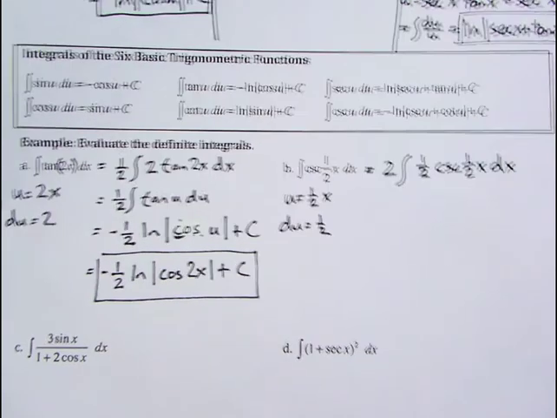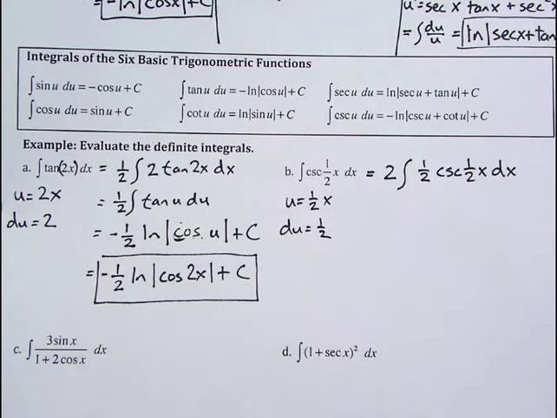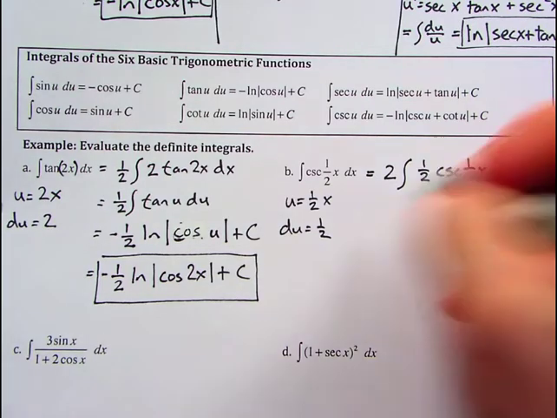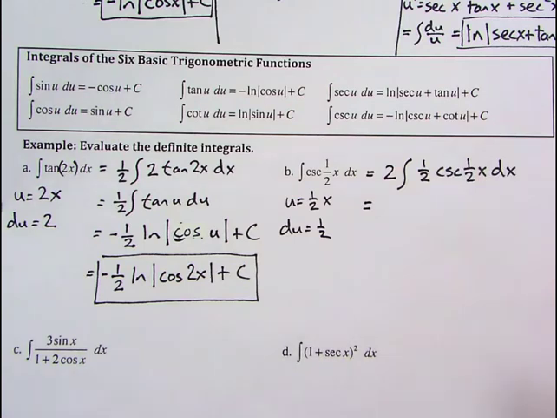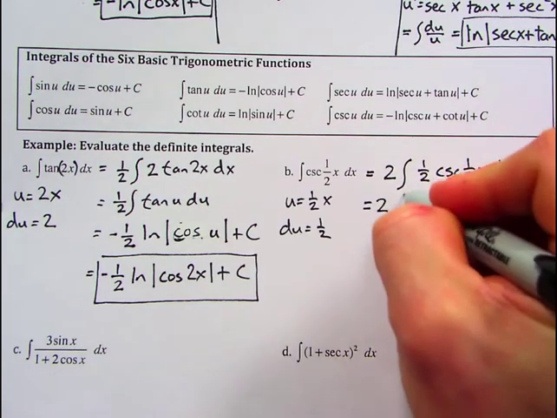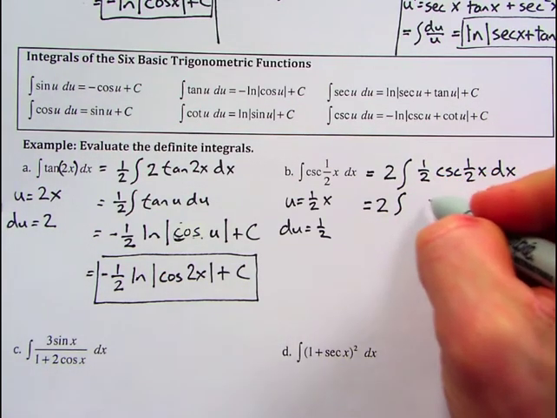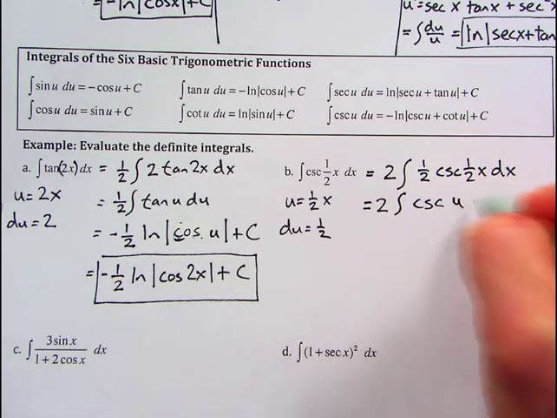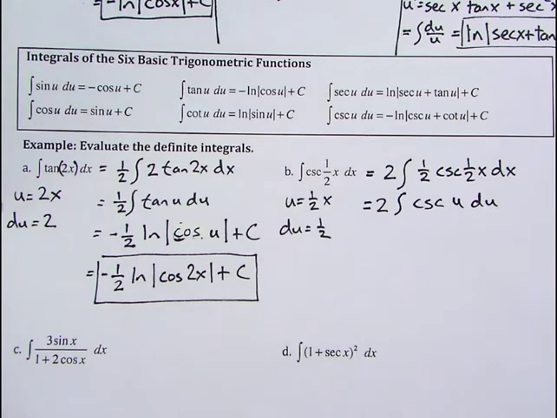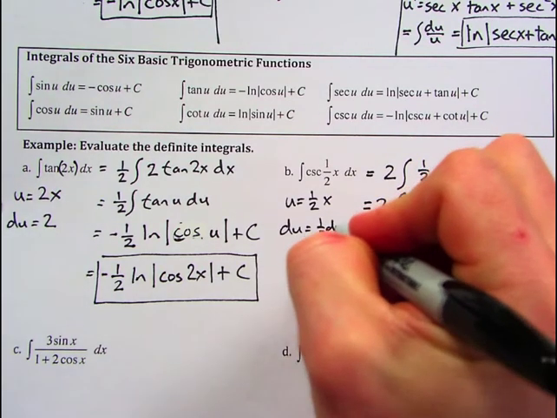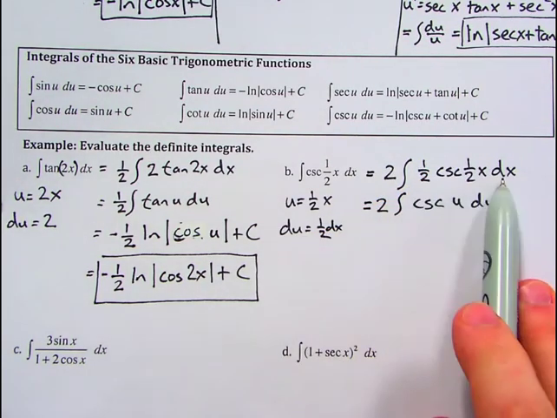I like showing this, especially in the notes. When you're working on your homework, you can go a little quicker and skip a few of these steps, but we want to see everything here. So this is really 2 times the integral of cosecant u du.